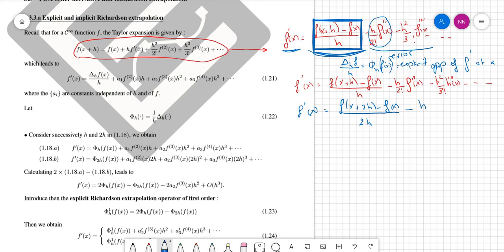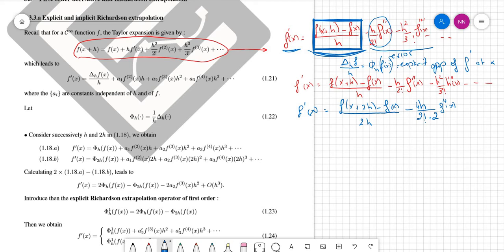4h over factorial 2 times 2, f double prime of x. This is because instead of h we have 2h, so in the Taylor expansion it will be 2h squared, that is 4h squared over factorial 2, and there's another 2 that comes from the coefficient in front of f prime, which is 2h, which divides the whole expression.